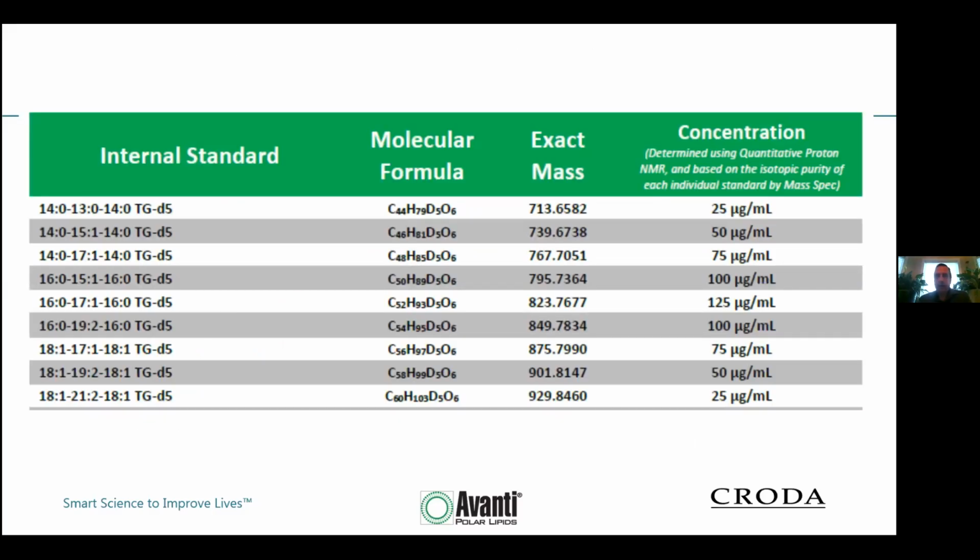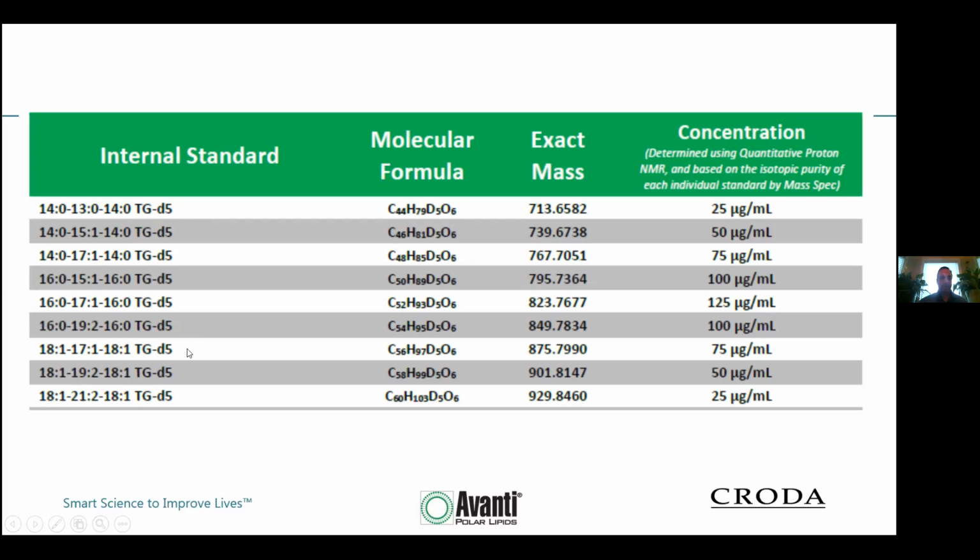And so here, this is just a typical example of what's included in the Ultimate SPLASH. You can see the different triglycerides here. We start with the fully saturated species here. And as we go down, we add units of unsaturation and more units of unsaturation in different chain lengths.